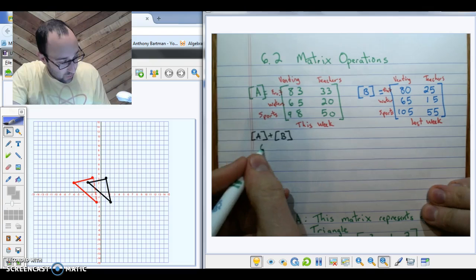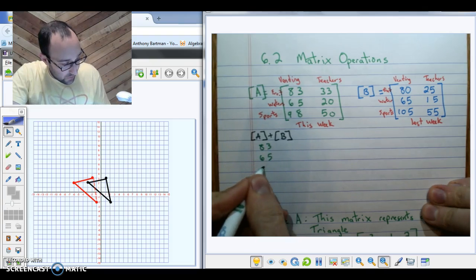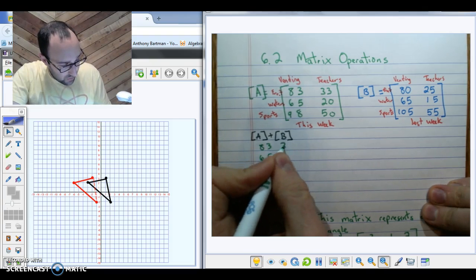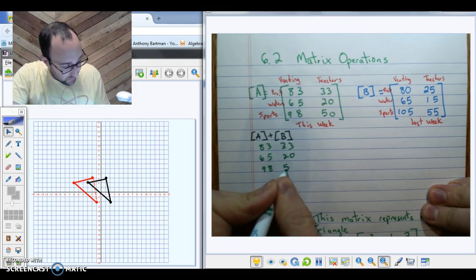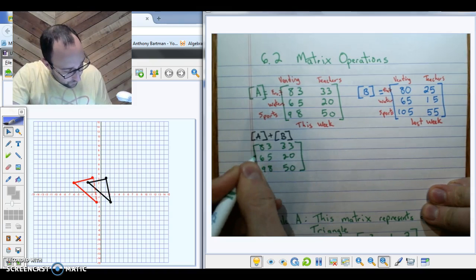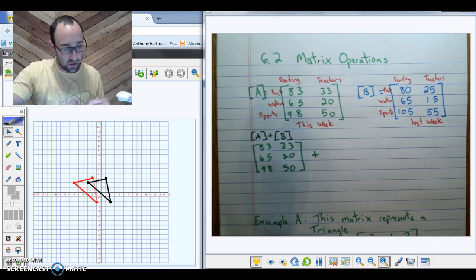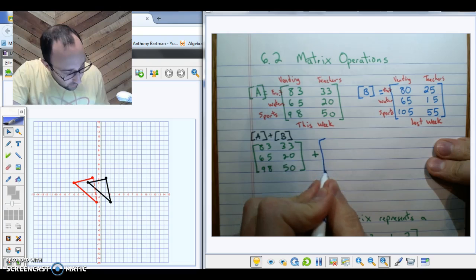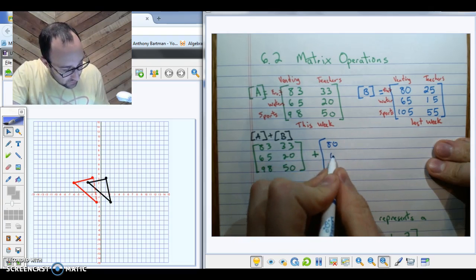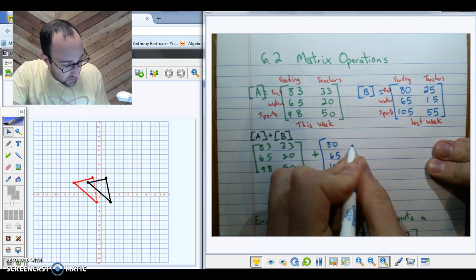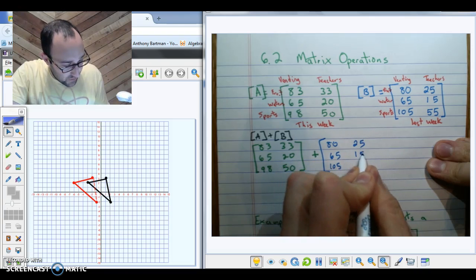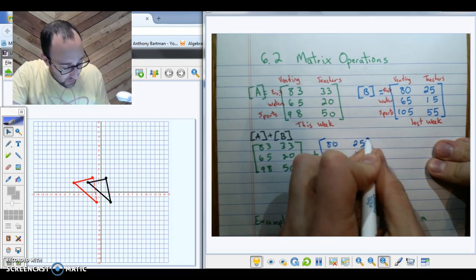So it's going to be 83, 65, 98, 33, 20, 50 in one matrix and a big plus sign, and then we're going to add the other one to that. So it's going to be 80, 65, 105, 25, 15, and 55.